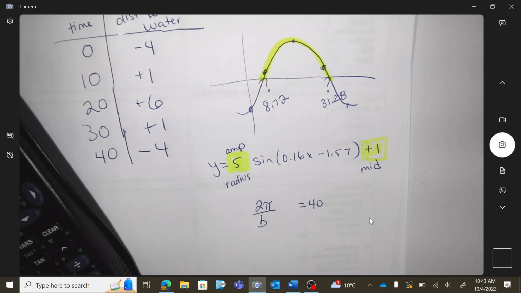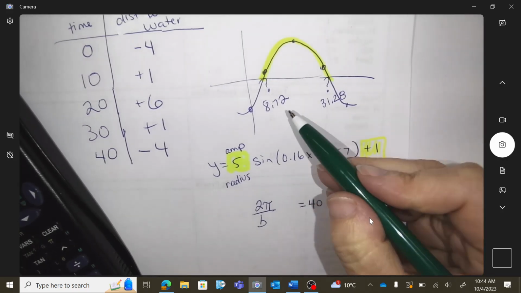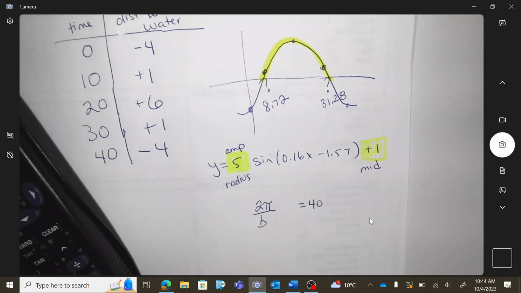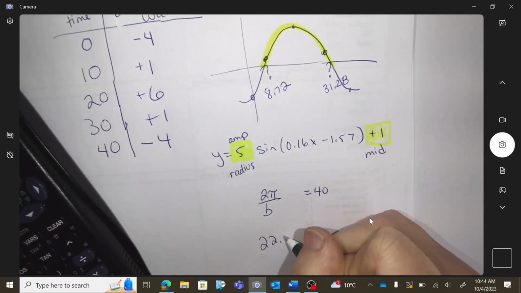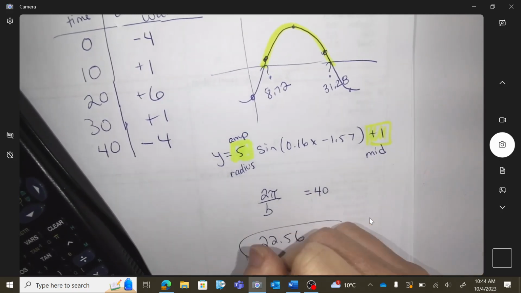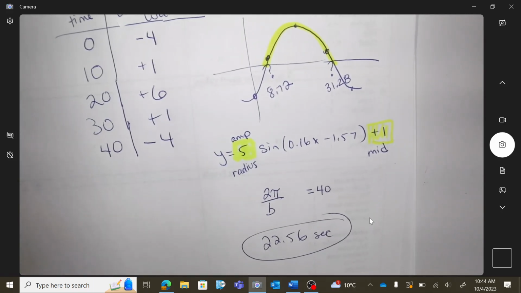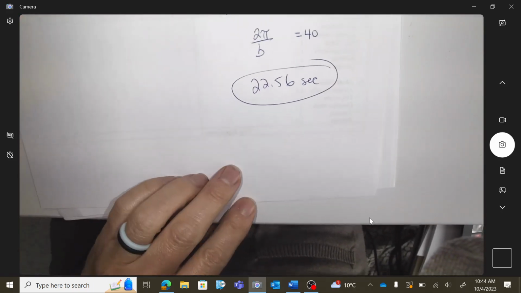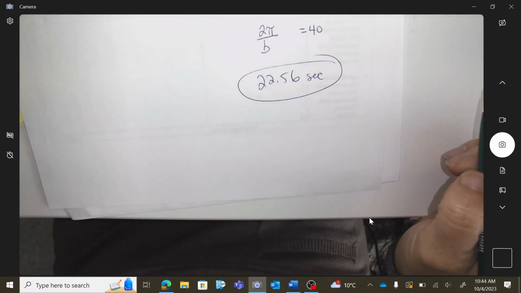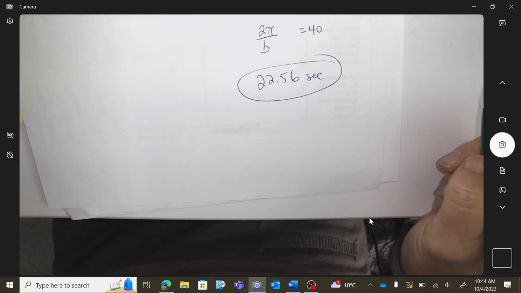Okay, now, how long? How do you answer that? What would I do with these numbers? I have them both. Subtract them. So, any point on this wheel would spend exactly 22.56 seconds out of the water.